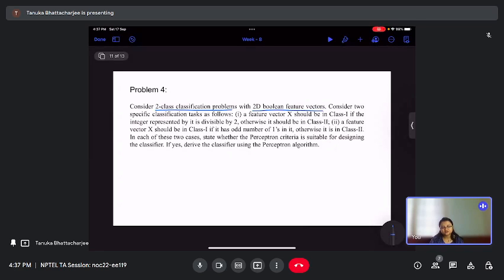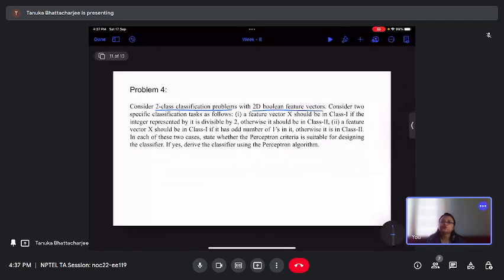Now, we are given two specific classification tasks. What is the first task? A feature vector should be in class 1 if the integer represented by it is divisible by 2, otherwise it should be in class 2. So, if you have a 2D Boolean feature vector, you can have only a finite number of combinations, right?